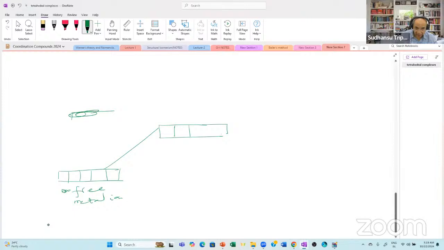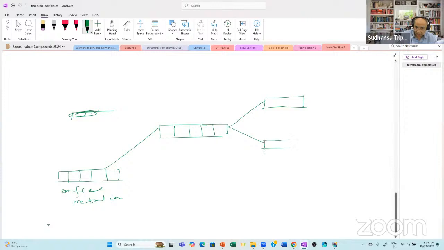Then, because of the repulsion between the approaching ligands' electrostatic field and the existing d electrons in the n-1 d orbitals, that raises the level, but there is a differential repulsion for which they split with respect to the barycenter.